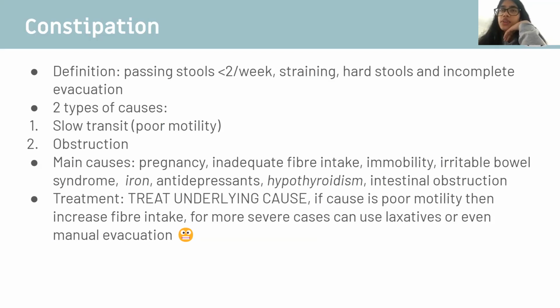You've got 2 types of causes for constipation. Slow transit, which is basically poor motility, so it's difficult to move the stool along. And then you've got obstruction. As you can imagine, if you have some kind of mass, say a tumor, that's physically blocking off the gut tube, the stool can't move past that and be passed out.